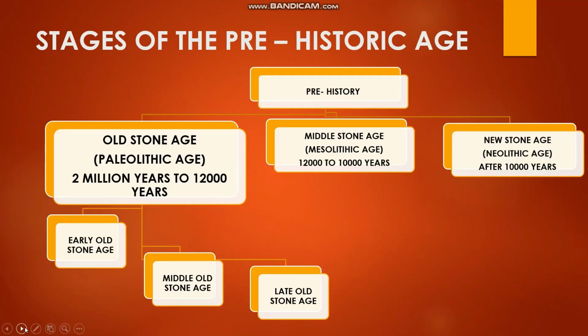Children, in today's class, we have learnt about the prehistoric period and where the prehistoric man lived, knowledge of fire in the prehistoric period, drawings found in caves, the changing environment and the stages of prehistoric age. This is a very simple and interesting chapter. Learn thoroughly from your textbook as well as watch the video class and do your home assignment and classwork.